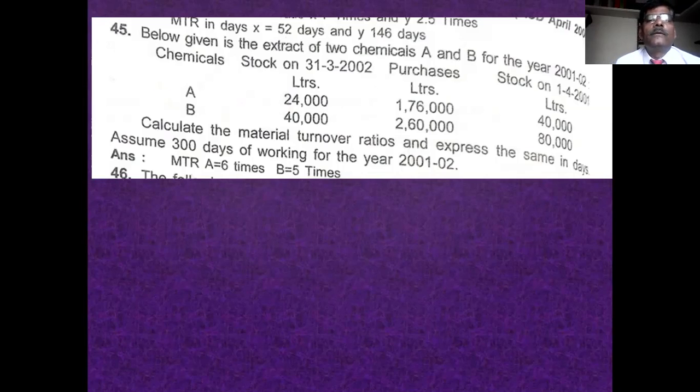Whether this 31st March 2002 is the opening or that 1/4/2001 is the opening. Okay, I think 1/4/2001 is the opening date. This is the opening date and this is the closing date. Okay, purchases are like this. And you give me 2 minutes time, I'll make certain changes in this problem.